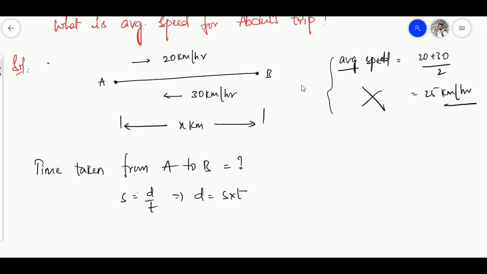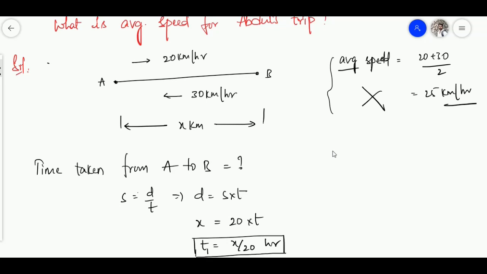So distance x equals 20 km per hour into t. So I got t equal to x by 20 hours. This is the time taken from A to B. Let's call it t1.